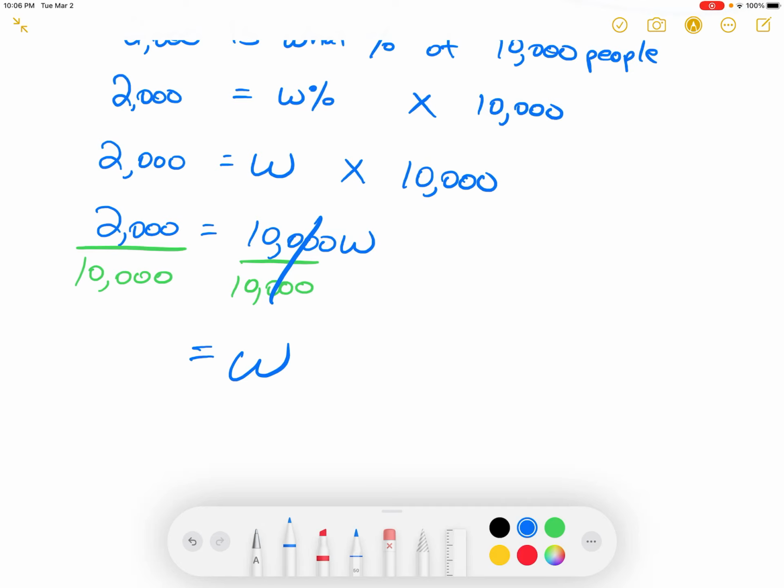And then 2,000 divided by 10,000, we can either use our calculators or we can use fraction reduction. We can get rid of the zeros. There are 3 zeros on both the top and the bottom, so that leaves us with 2/10, right? The 2 out of 10.